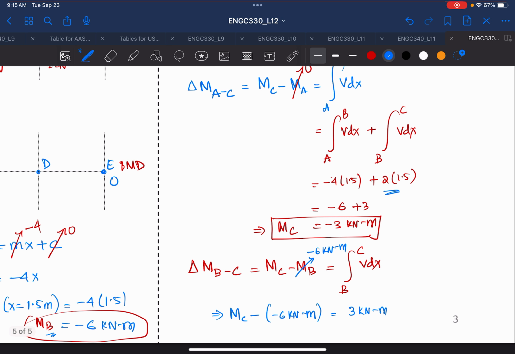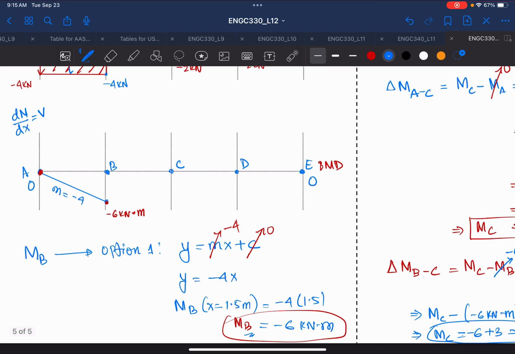So if we rearrange this, MC is equal to minus 6 plus 3, which is equal to minus 3 kilonewton meter. So you'll see that both equations should give you the same answer. So we know that here it is going to be minus 3 kilonewton meter.